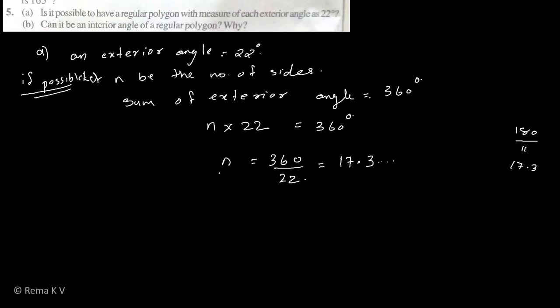N is the number of sides. Number of sides must be a natural number. That must be a counting number. We are counting the number of sides. So here this is 17.3. It is a decimal. We cannot count this one. 17.3 sides, we cannot say that, which is not possible.